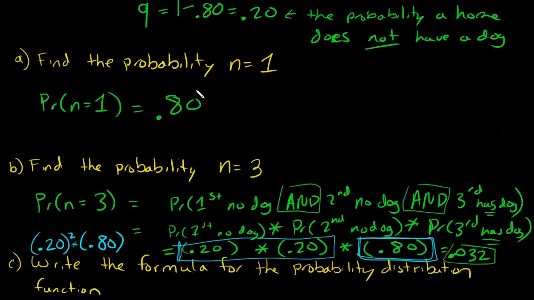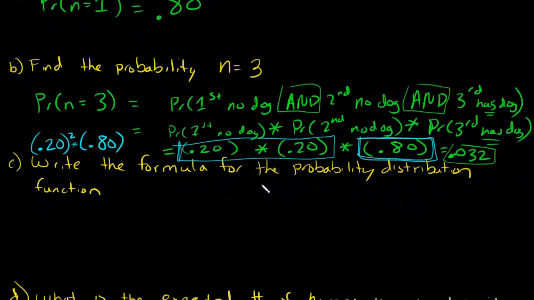All right. So what about writing the formula out in general? What is the probability of n, where I just leave it as n, and I'm not going to plug in a specific number for n? What's the general probability distribution function look like?